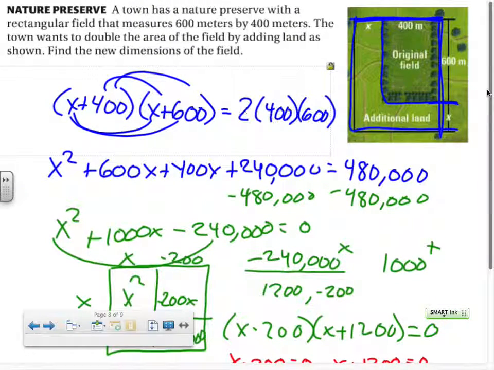Find the new dimensions of the field. Well, x is 200 meters. So the new dimensions of the field, if we take a look at the top, this is 600, this is 800. The new dimensions of the field are 600 meters by 800 meters.